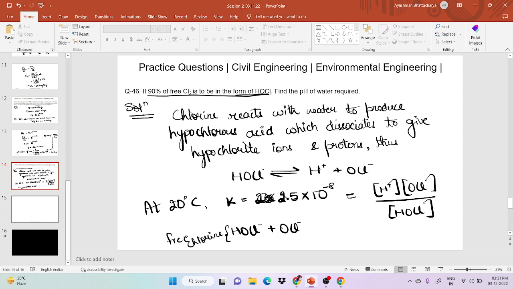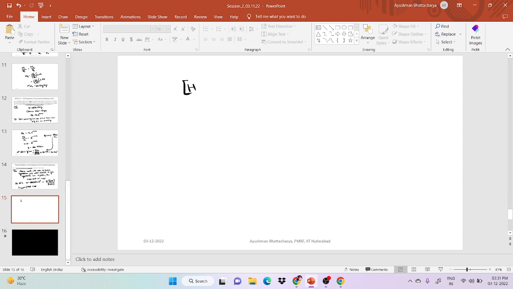So if 90% of free Cl2 is in the form of HOCl, we can write it like that: HOCl by HOCl plus OCl minus is equal to 90%, which is 0.9.